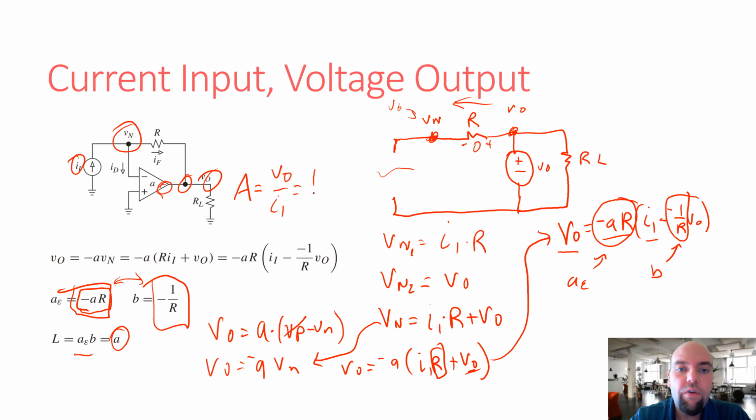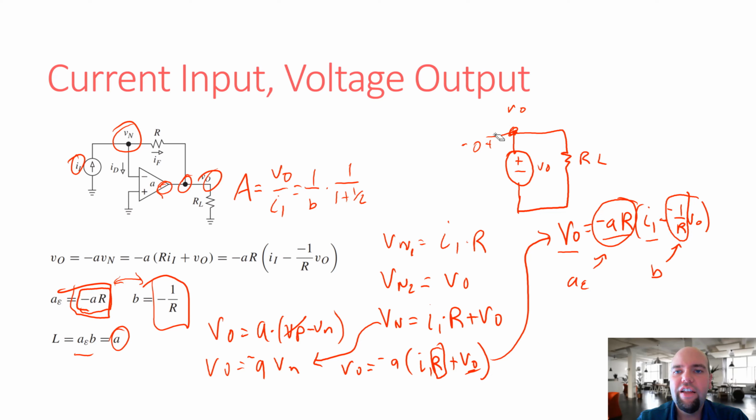That's going to be 1 over B times 1 over 1 plus 1 over L. I ran out of room on this slide, so I'll start erasing stuff here. I'm making it worse.